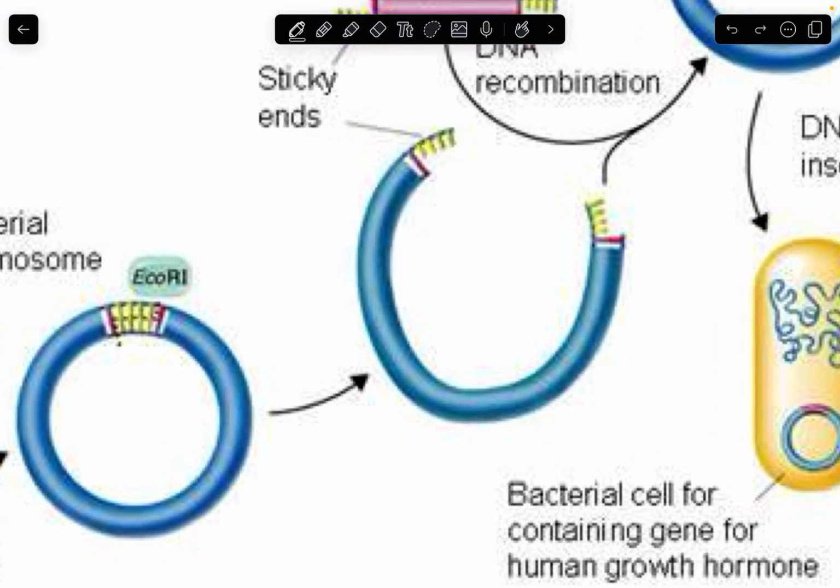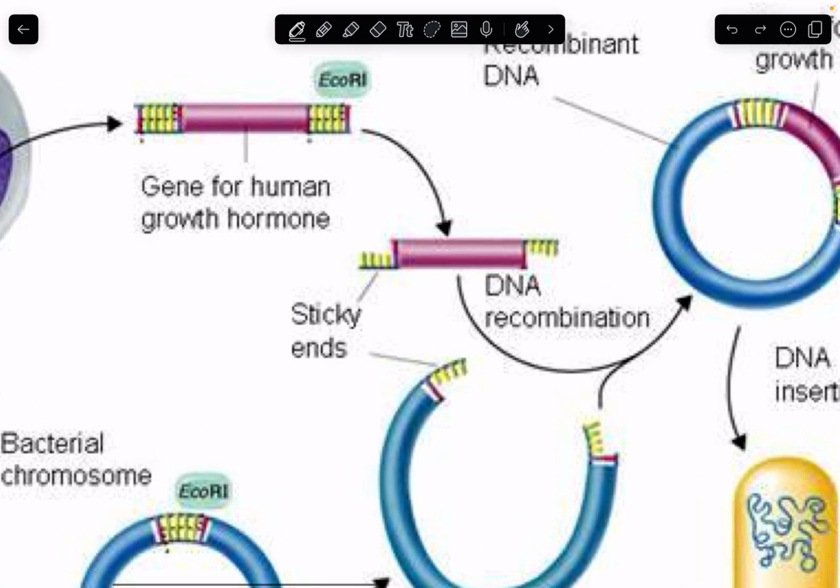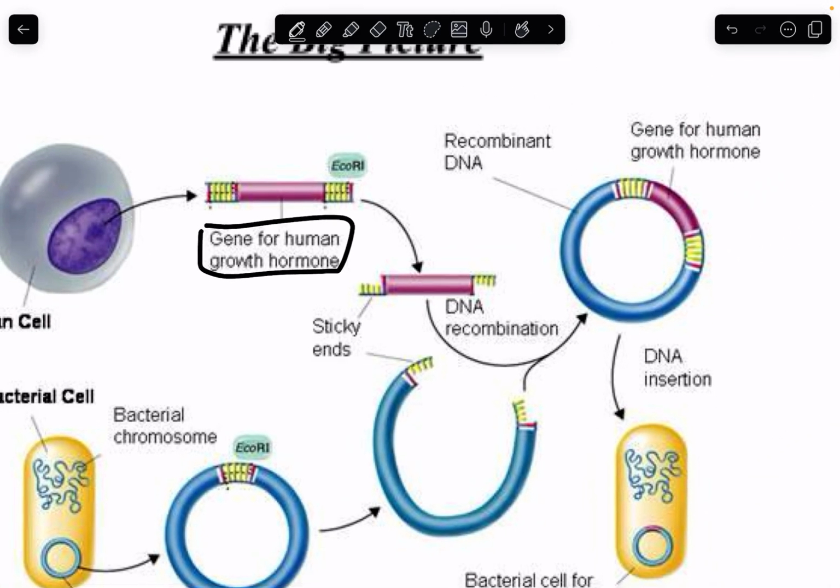You allow that plasmid to have sticky ends. You see them here, 1 and 2. You cut the DNA that you want to put inside this plasmid. So let's say the gene for human growth hormone. You're going to cut it with the same pair of scissors or restriction enzyme and insert it into this recombinant DNA.